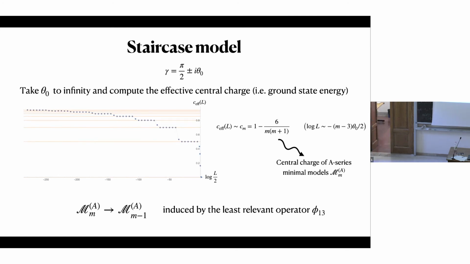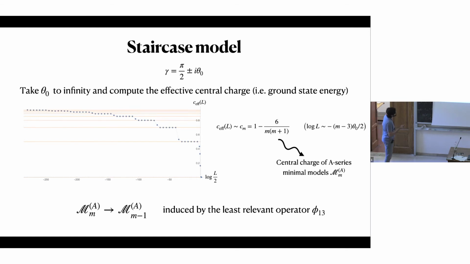So the interpretation of this staircase model is the following. The staircase model is a parametric family of integrable models parameterized by theta 0, whose RG flow as you tune L goes past close to the minimal models.